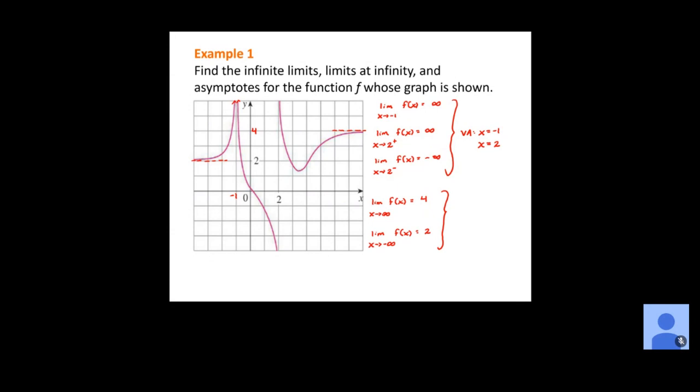So what are we going to have at those locations? Horizontal asymptotes, good. So this tells us where our horizontal asymptotes are. One of them is at y equals 4, the other is at y equals 2.